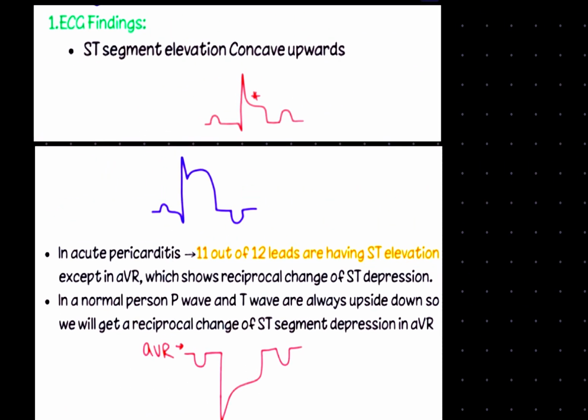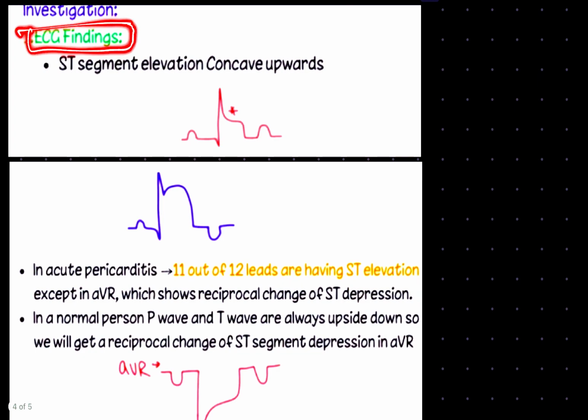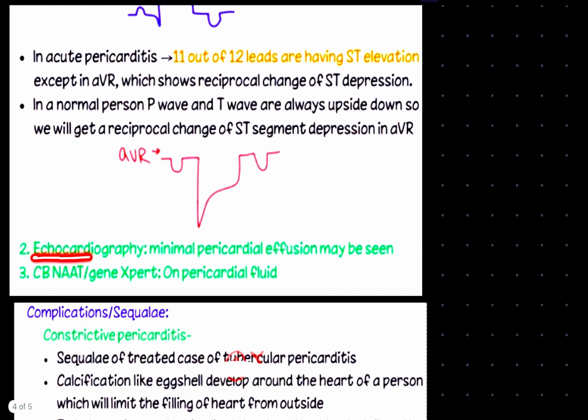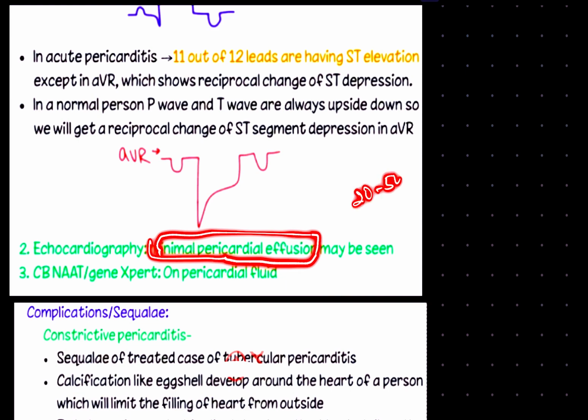Now we talked about the ECG finding. What about the other findings? When talking about echocardiography, we find minimal pericardial effusion. Why do we find minimal pericardial effusion? If we recall our facts, in between the layers of the pericardium we find about 20 to 50 ml of fluid, for making it frictionless, for lubricating it.